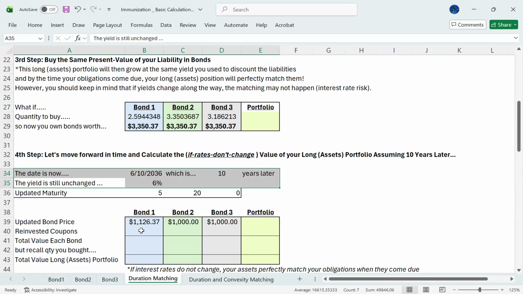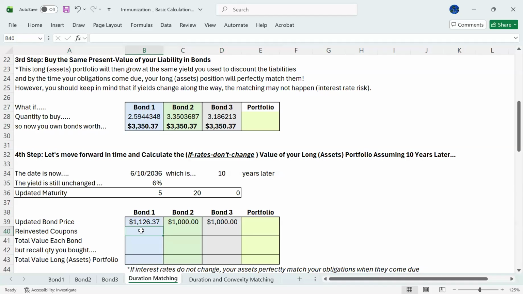So those coupons were generating returns as well. Okay, and we are assuming that these returns are also matching that 6% yield. So every coupon I got was deposited in an account and those coupons were generating a 6% yield. So how much money will I have in that account? It will match the total amount of coupons I received and the interest I got from those coupons.